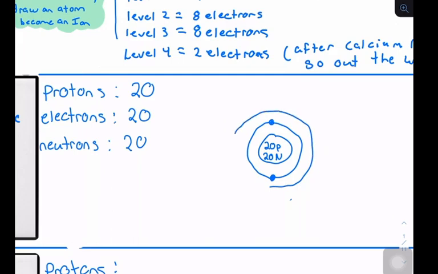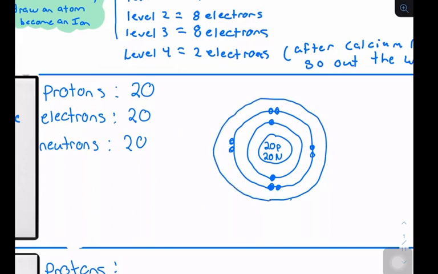You'll notice my circles aren't the greatest, and yours don't need to be either. One way that helps it stay a little cleaner is if you, especially when drawing your shells of 8, double up so you have pairs. So now I've filled that second shell, so I'm going to need to draw a third one. I've drawn 10 electrons in total so far, and so I have another 10 to go.